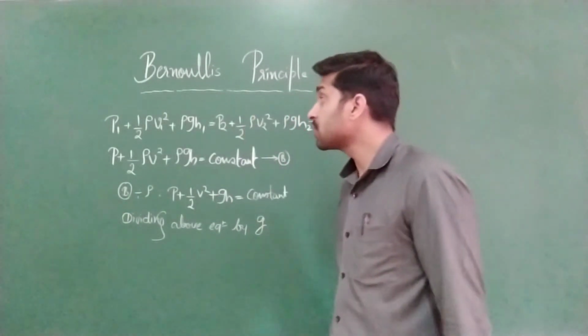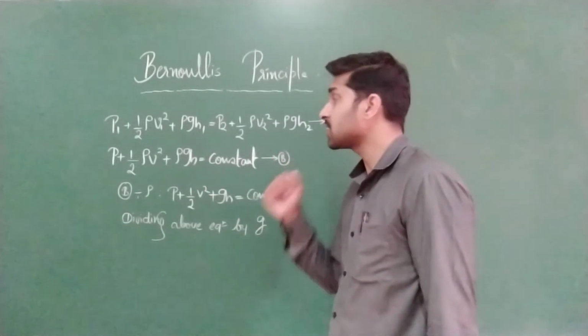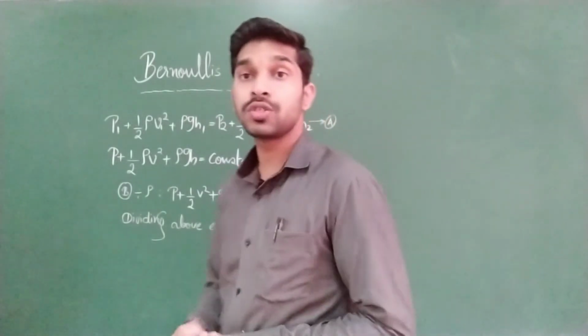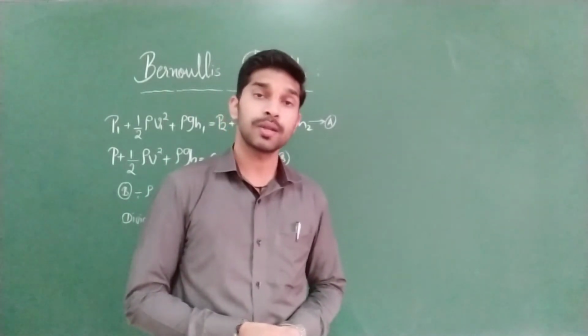Correct now? So, before going to this step, while deriving that relation, we came across P1 plus half rho V1 square plus rho GH1 is equal to P2 plus half rho V2 square plus rho GH2.